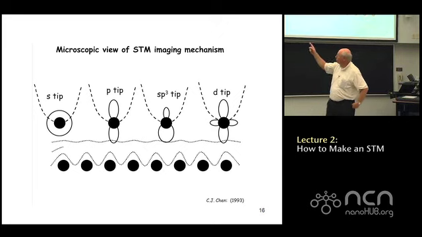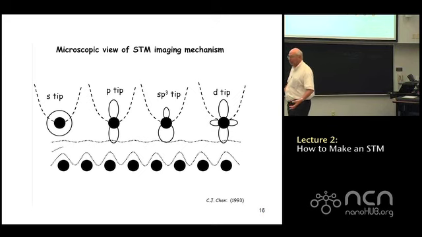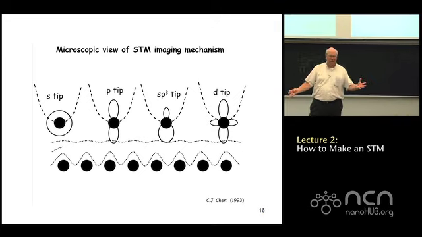They position that front atom in different ways, different geometries, different coordinations, calculate what the wave functions should be, see if those wave functions can then reproduce experimental data. And then they make an inference. It's an inference. They say, oh, the atom on the end of this tip on this day was in, let's say, an sp3 state, right? It's not very convincing, but that's the best we can do.